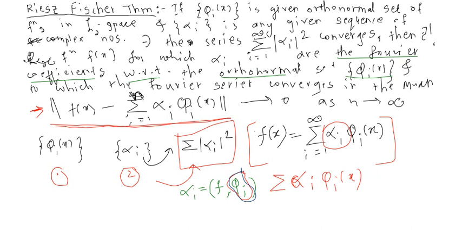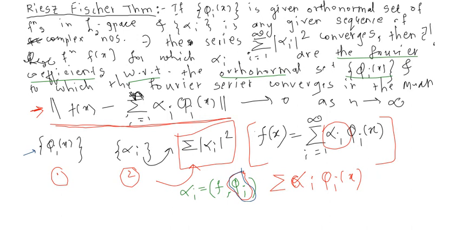Okay, so it is not very easy to see why these alpha i's will come out to be equal to this, but everything happens smoothly here. The main reason is that this phi i of x is an orthonormal set.